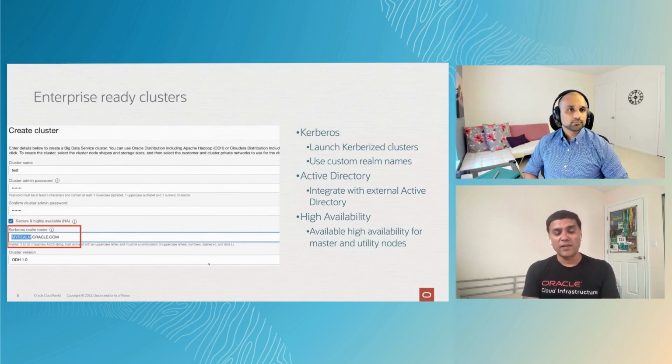You can integrate with the external Active Directory so that you can use your existing identities in BDS, and you can also configure high availability out of the box. You just check another box and say, give me HA clusters. And now you have two masters and two utility nodes running. And the failover becomes easy in case the primary master or primary utility nodes were to fail for any reason.